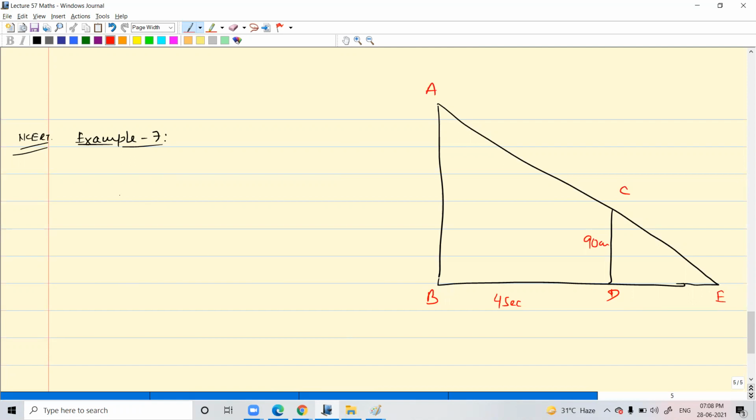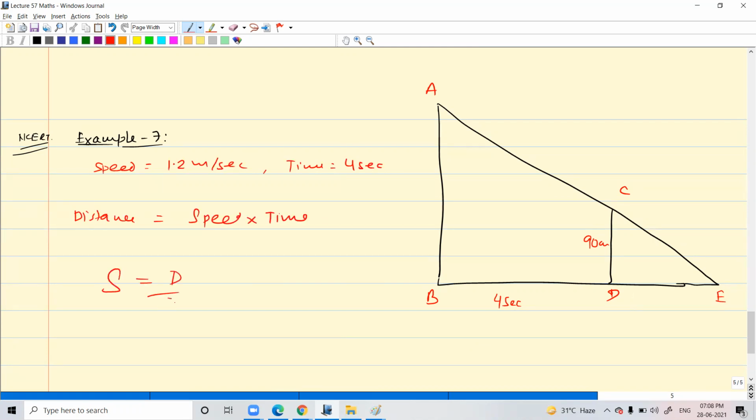Now I want you to find out what BD is. It is the distance the girl walked in 4 seconds, while she was traveling with a speed of 1.2 meter per second. What is the formula for distance? Speed into time.